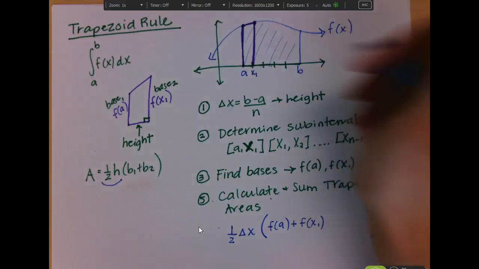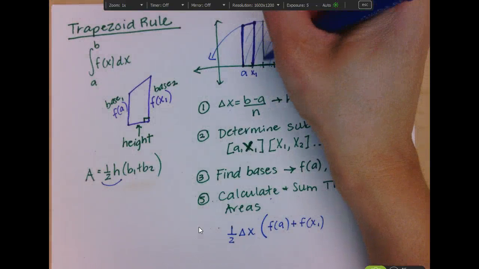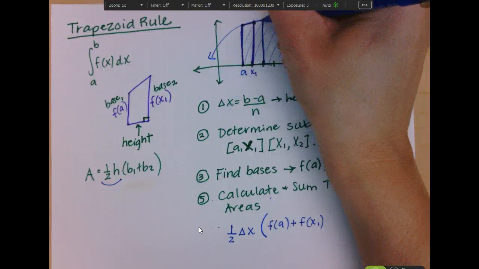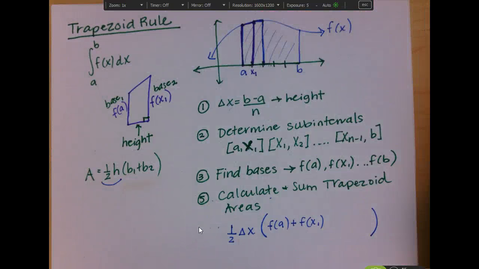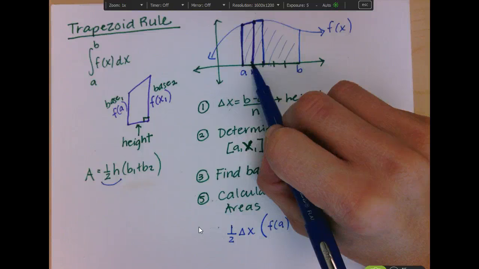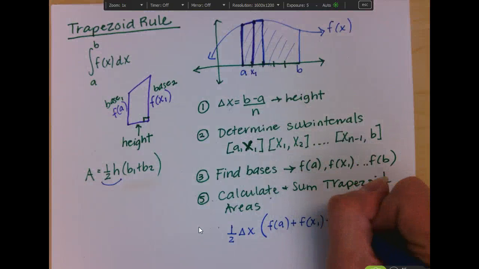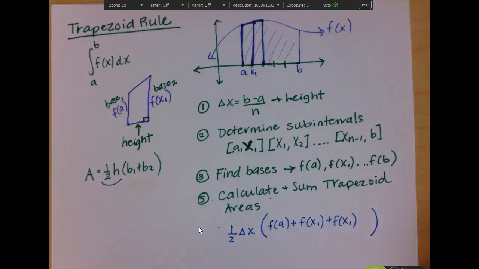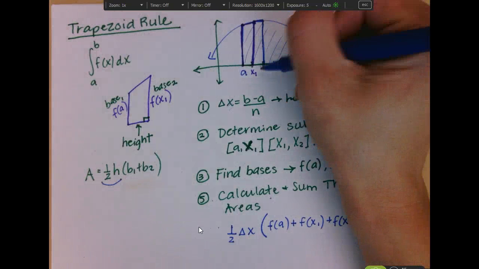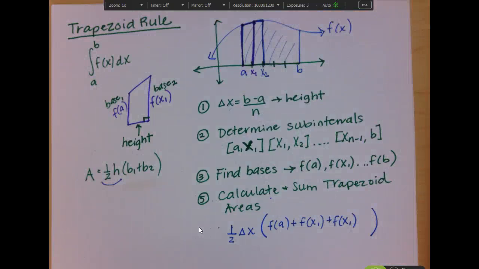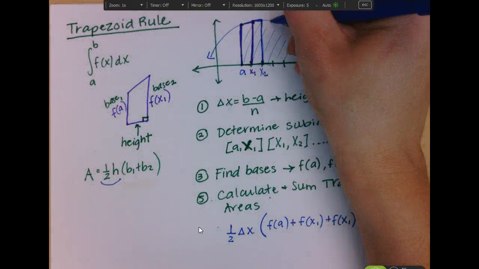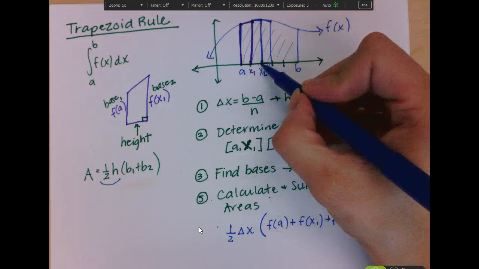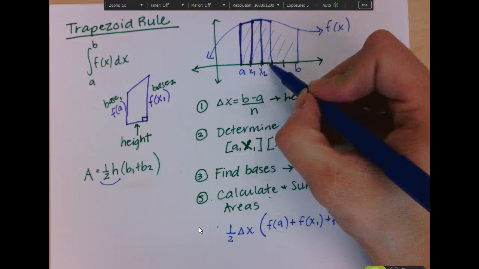Look at what happens when I do my next trapezoid. Look at how you'd calculate the base length of each one of those. Well, the left base of this trapezoid is f of x sub 1 again, and then the right base is f of x sub 2. If I look at a third trapezoid, I'm doing f of x sub 2 again, and then f of x sub 3.